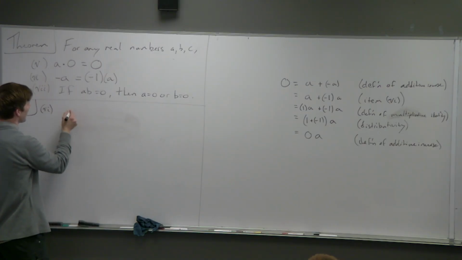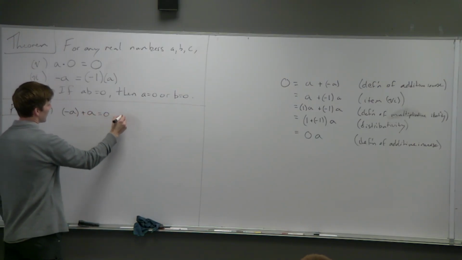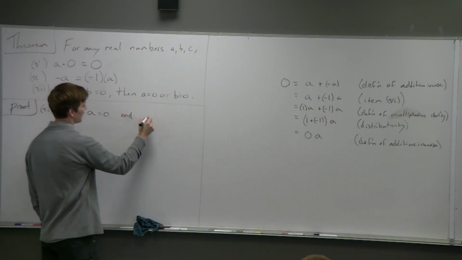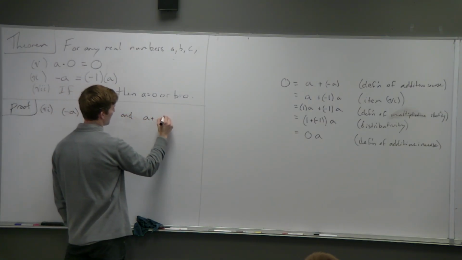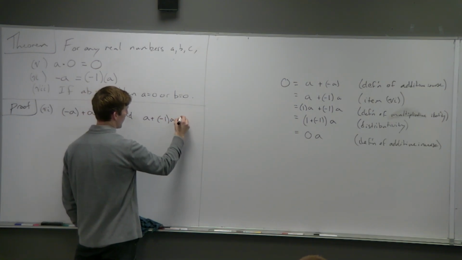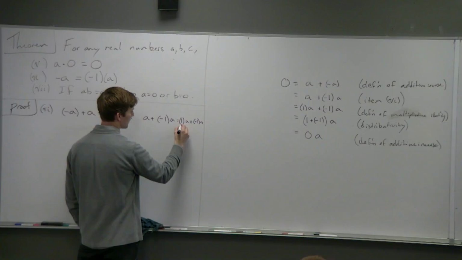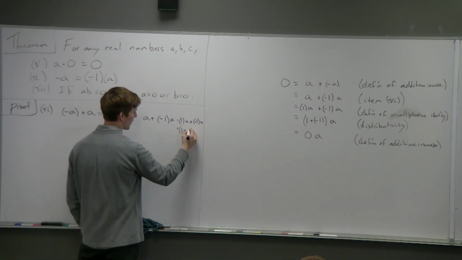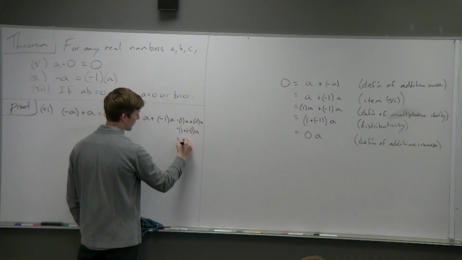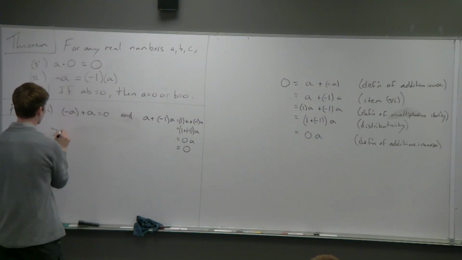We just say, okay, minus a plus a equals 0, and a plus -1 times a is equal to 1 times a plus -1 times a, which is equal to 1 plus -1 times a, which is equal to 0a, which is equal to 0 via item 5.